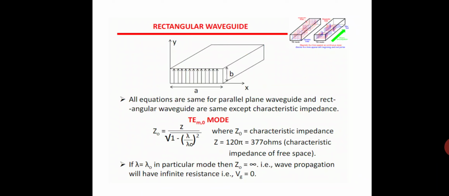The other field will loop longitudinally to the direction of travel but still be perpendicular to the other field. Whichever field remains transverse to the direction of travel determines whether the wave propagates in TE or TM mode.